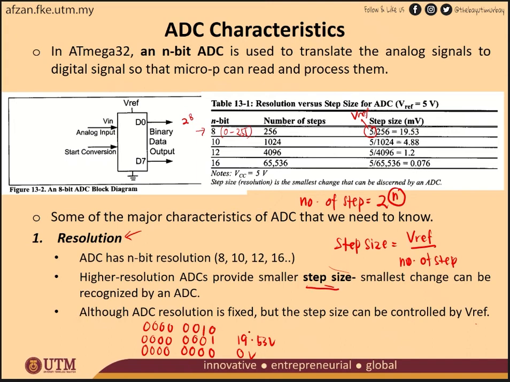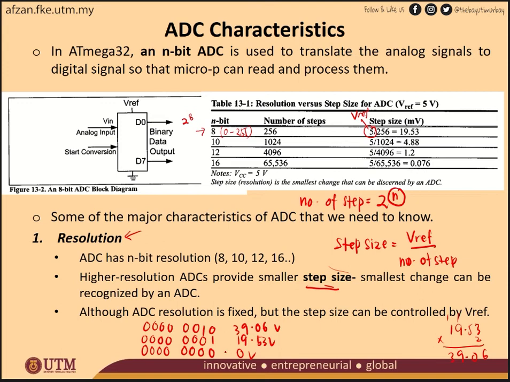Okay, 19.53, and adding another 19.53 you get 39.06, and it will keep increasing by 19.53.